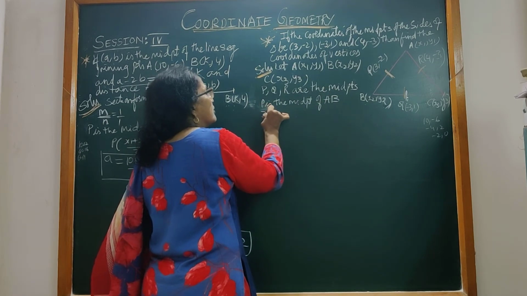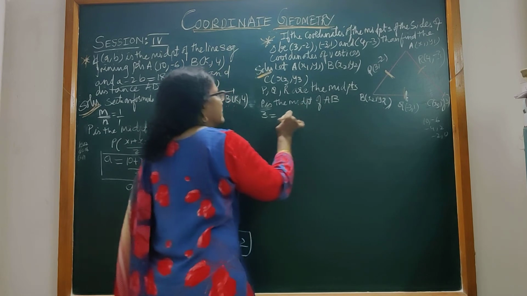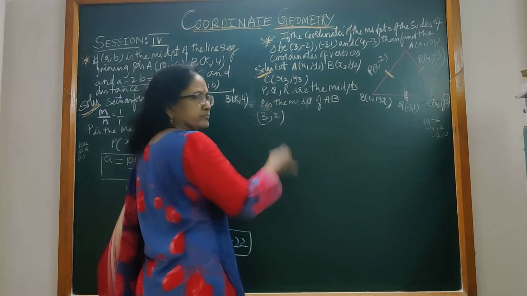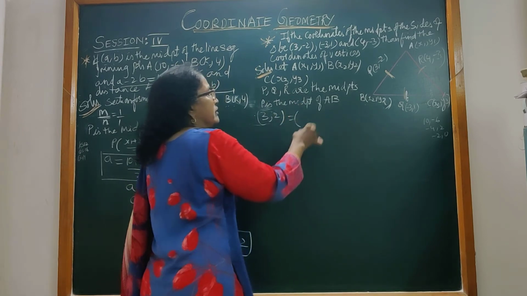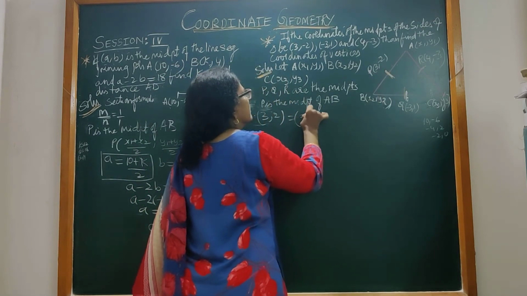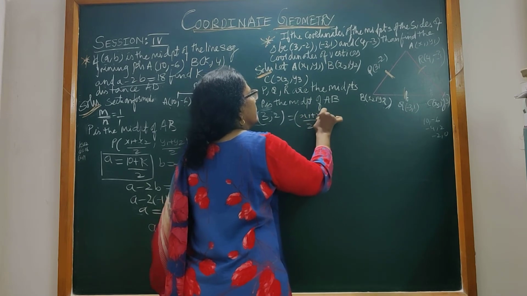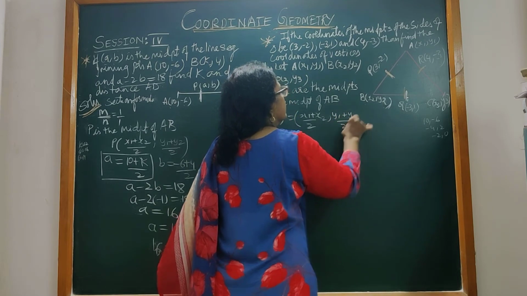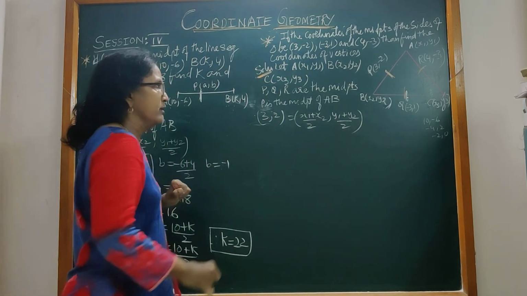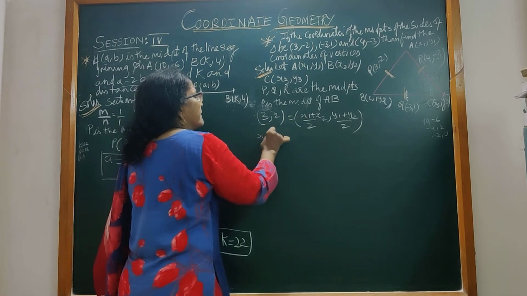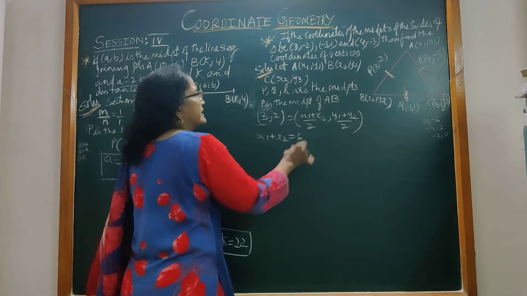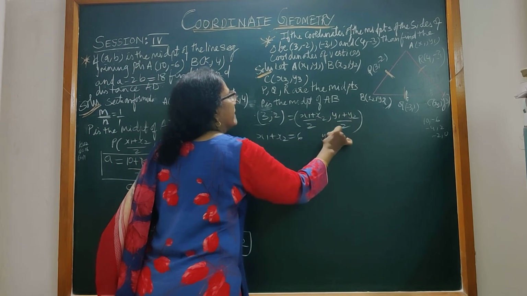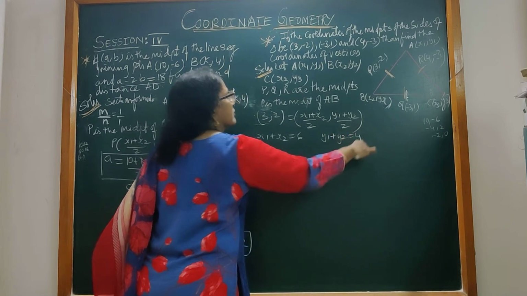So (3, 2) is equal to ((x1 plus x2) upon 2, (y1 plus y2) upon 2). So we will get x1 plus x2 is equal to 6 and y1 plus y2 is equal to 4.